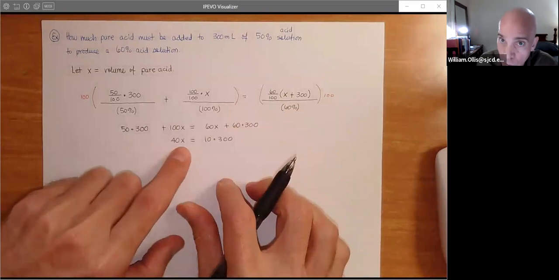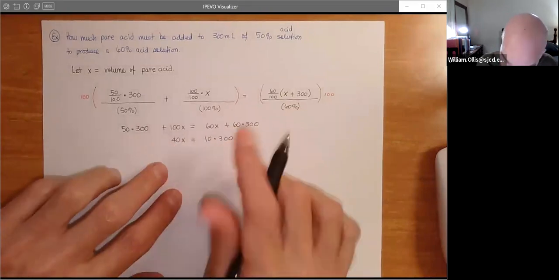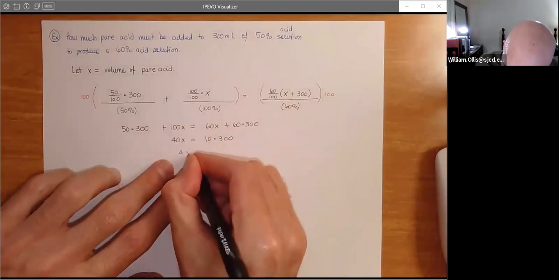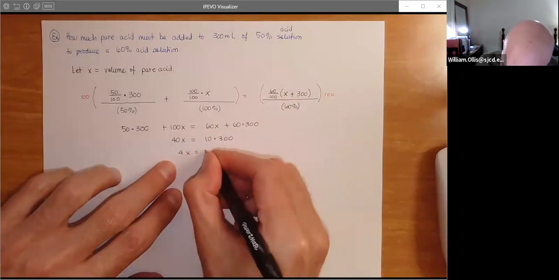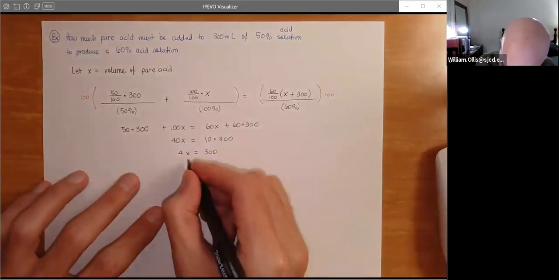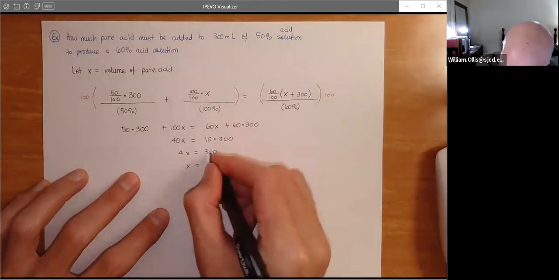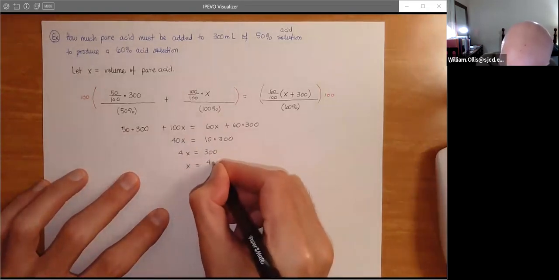Now, if you like, you can just go ahead and divide by 10. So this gives us 4x equals 300. And now we can divide by 4. These are easy numbers. So we have x, and 300 is just 4 times 75.